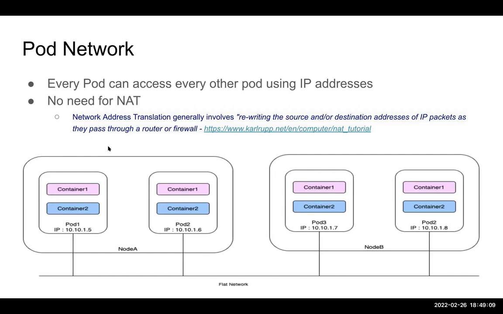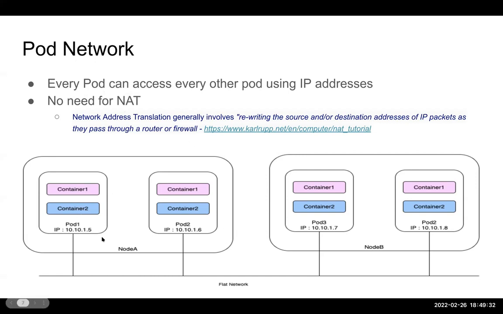Pod network. Now if pods want to communicate with each other, on one node there can be multiple pods. So this is one pod inside node A, and this is another pod, and these are the IP addresses. Each pod has two containers, container 1 and container 2, and this is the IP address of each pod.